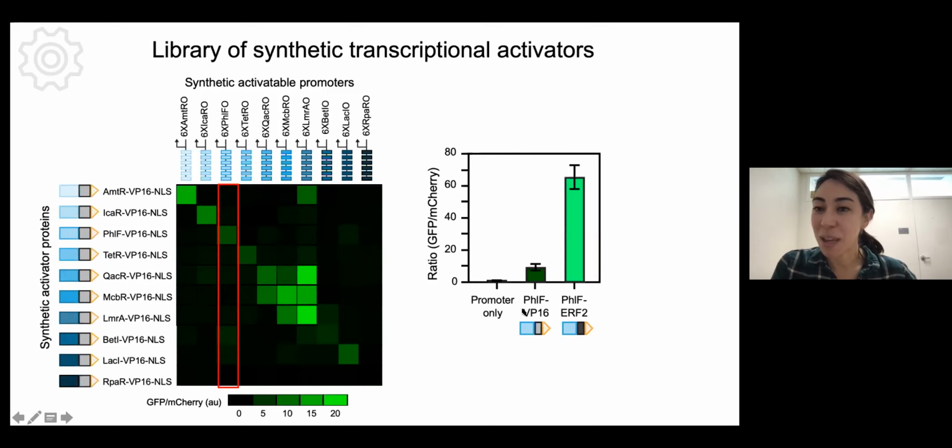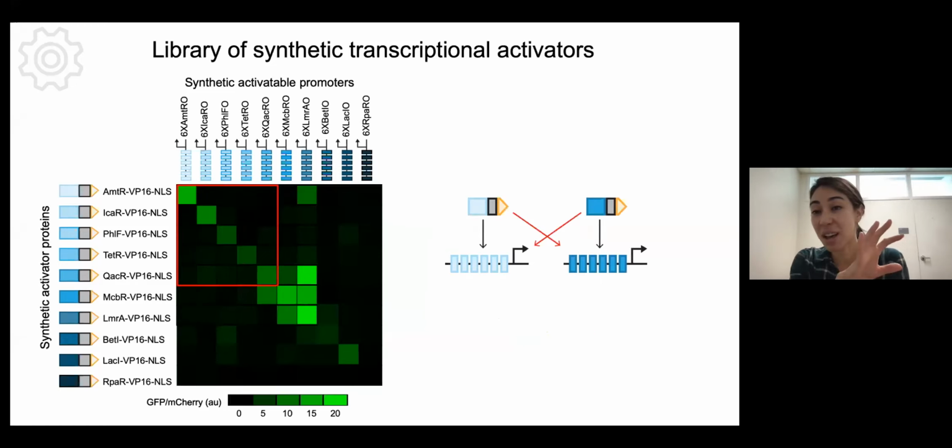VP16 is actually a domain from a human herpes virus, and it functions okay as an activator in plants. But if we swap that activation domain for ERF2, which is a region of a plant transcription factor instead, you can see that we get much better activation. So although we've characterized them all with VP16, there is flexibility here where we can go in and tune the design of the synthetic activators in order to make them perform the way that we want.